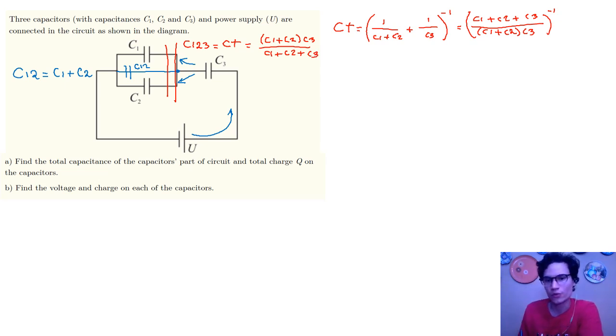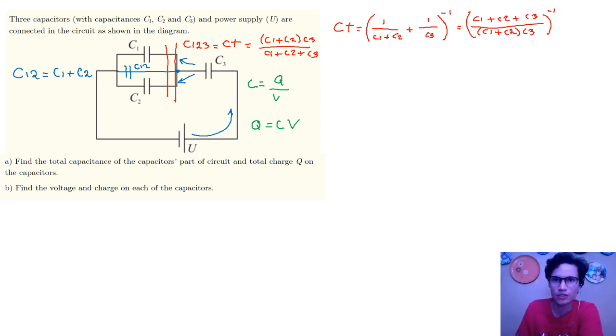We also know that the formula indicates this: the capacitance is equal to the charge over the voltage. If we are looking for the total charge, we can clear this variable. Charge is equal to the capacitance times the voltage, right? So let's do that.